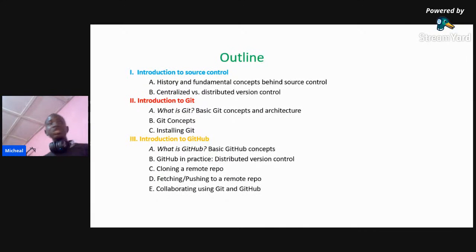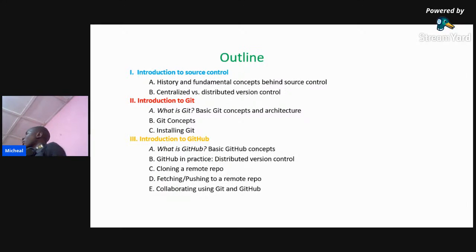We'll talk about what Git is, the basic Git concepts and architecture, the way Git was built, the pattern and the mind it was built with. Then the key Git concepts, like how many people talk about committing my code, stashing it, merging it, forking it. We'll be going in depth a little bit on that.